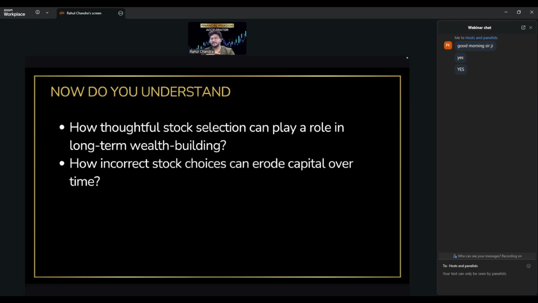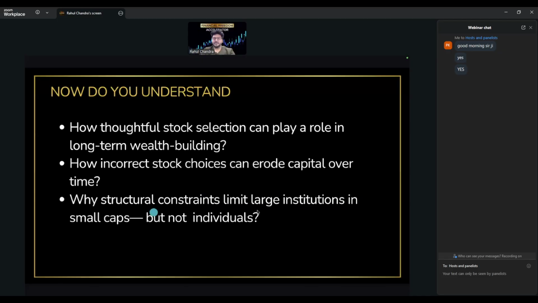Have we seen that as well with loss making companies, with cyclical stocks? Have we seen why structural constraints limit large institutions in small caps, but not individuals? That was the entire premise of why we were doing the small cap analysis. Have you been able to understand all of this today?